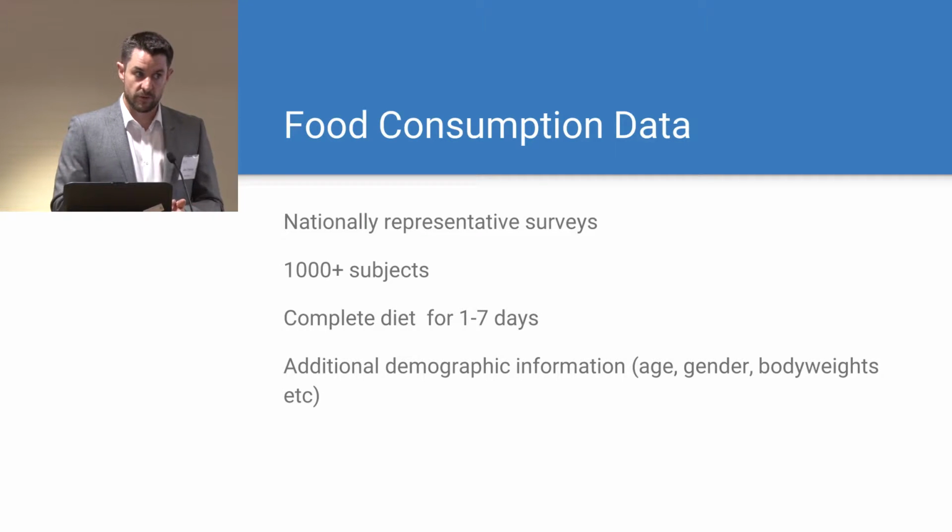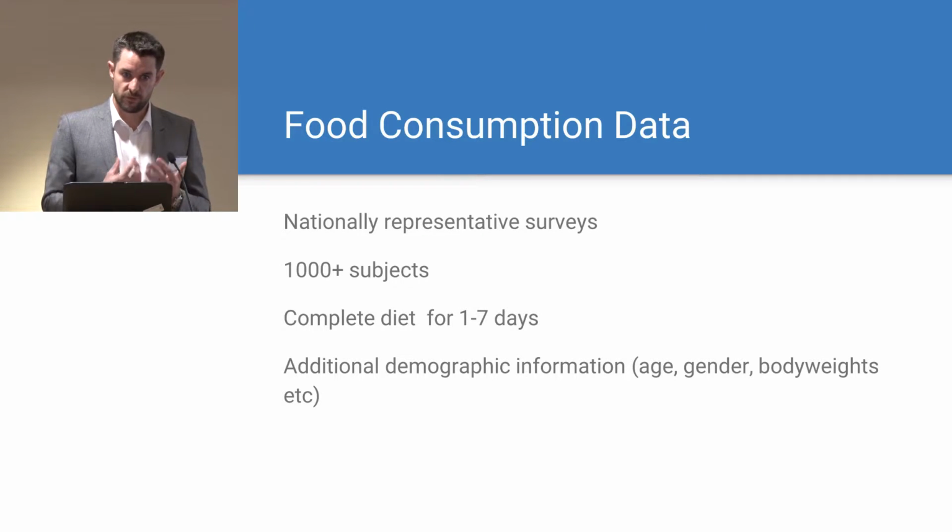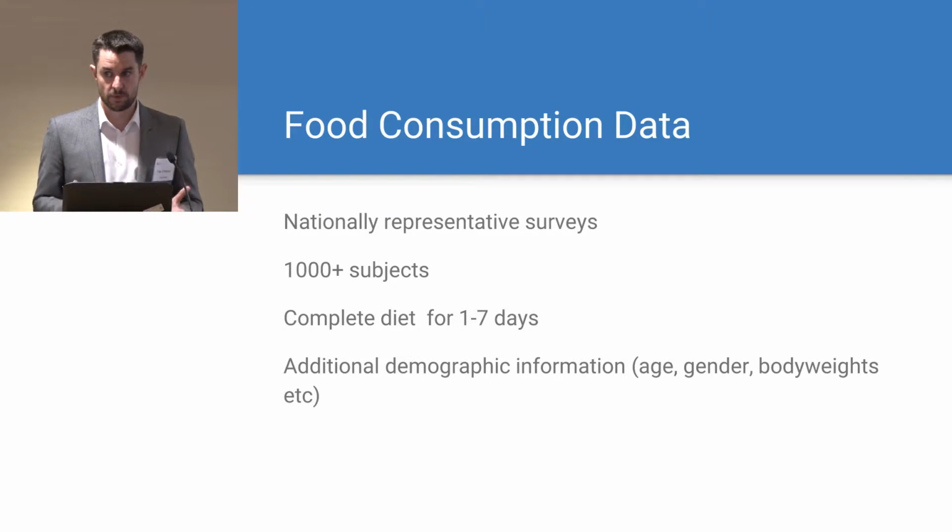And you have additional demographic information as well. So you have real data on what foods people eat, what frequencies, what amounts. You have their body weights and genders and other different measures of health status and so on. So it's very, very useful for refining your exposure assessment. So you don't need to assume anymore that people consume a default amount of food.